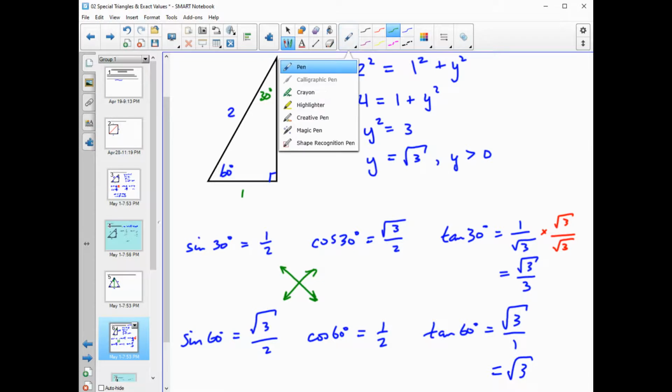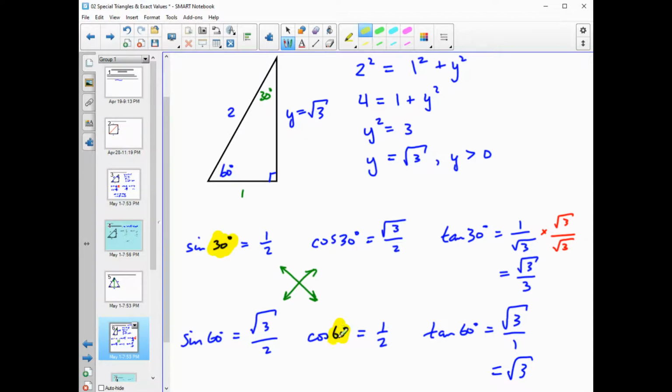The reason why that relationship is there has to do with the fact that 30 degrees and 60 degrees are known as supplementary angles because they add up to 90 degrees. 30 degrees and 60 degrees add up to 90 degrees. And so that is why that relationship is there.